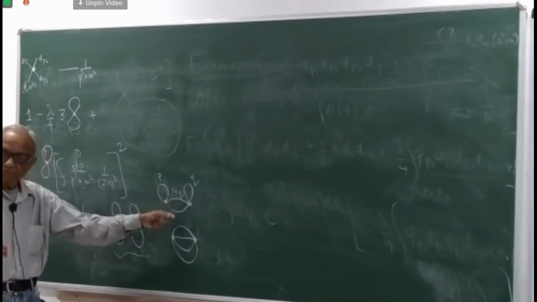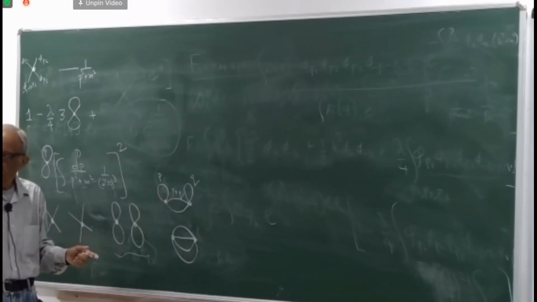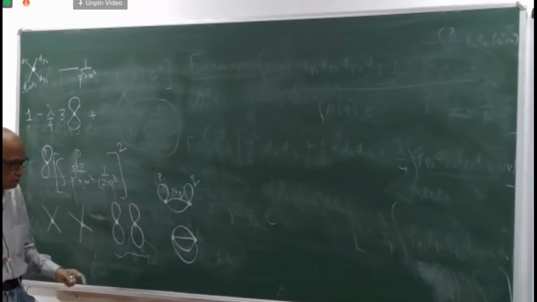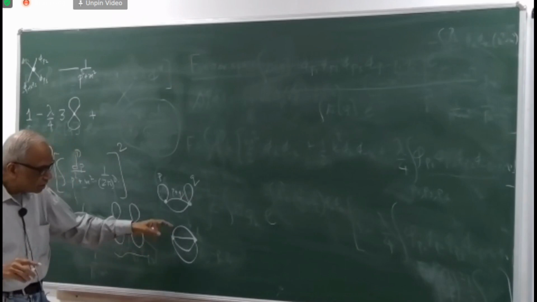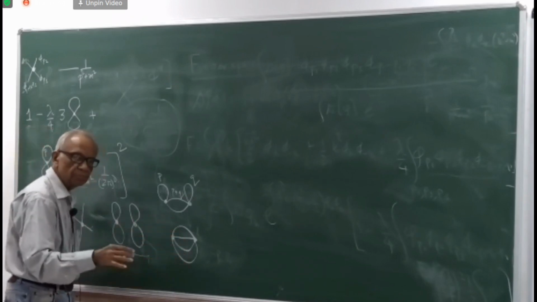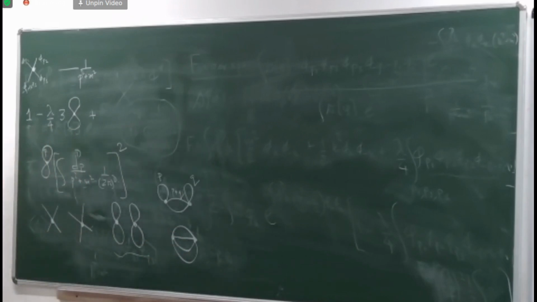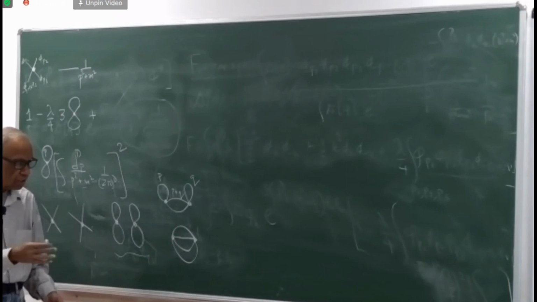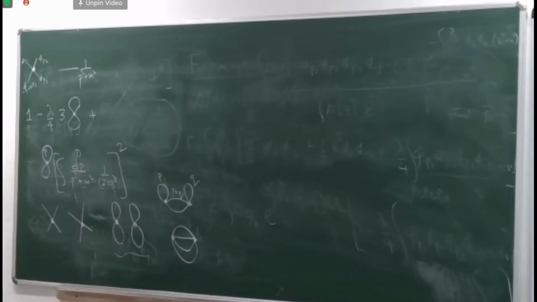There are 2 of them, and you integrate over P and Q. And over here, it is P, Q, R, and minus P, minus Q, minus R. So you write down 4 propagators and you integrate over PQR.